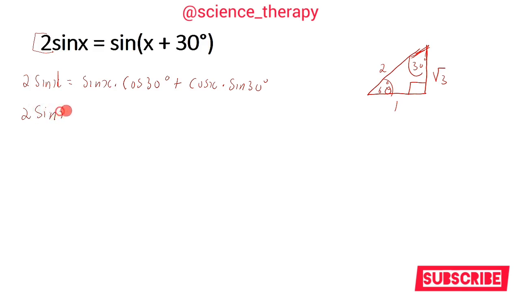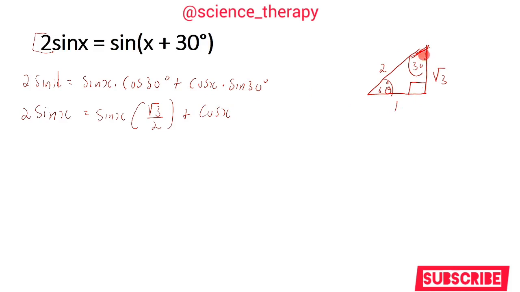Having this one, we have 2 sine x. So we know our special angles. This is sine x, and then cos 30 degrees will become adjacent over hypotenuse, root 3 over 2. Then plus cos x, and then sine 30 we have 1 over 2.